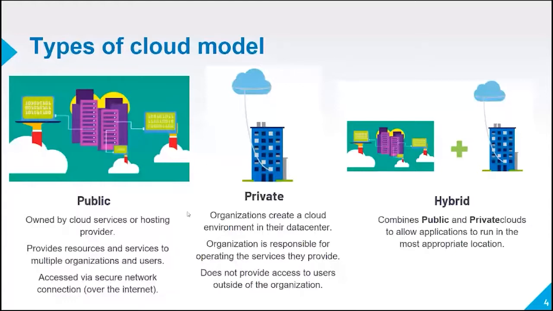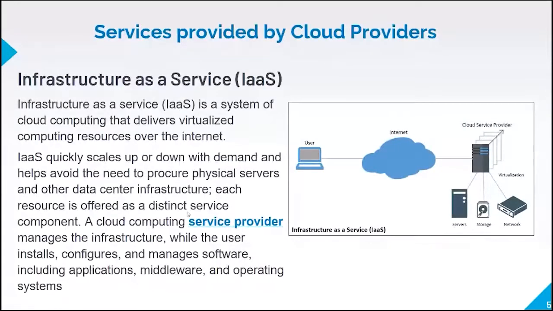Now, what are the services provided by cloud providers? There are basically three major services which are provided by any cloud service provider. First, infrastructure as a service. What is infrastructure as a service? For a vague idea, or a 10,000-foot view, infrastructure as a service is like you want a server or a virtual machine on the internet.